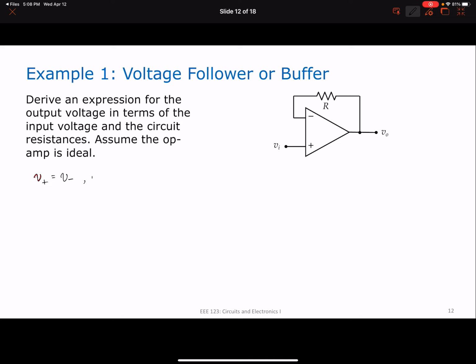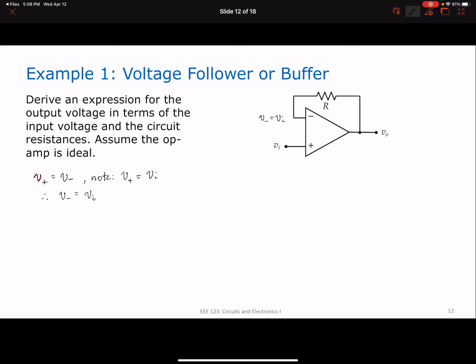Note that V plus is equal to V sub I. Therefore, V minus will be equal to V sub I. The voltage at this point, V minus, is equal to V sub I. That's a result of there being a virtual short between your non-inverting and your inverting input.